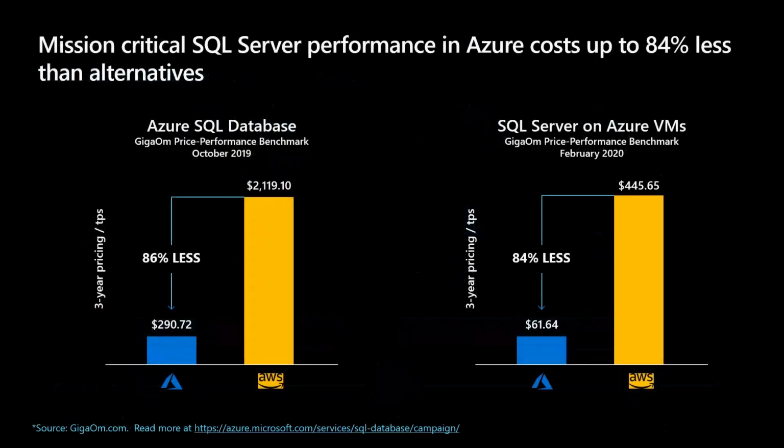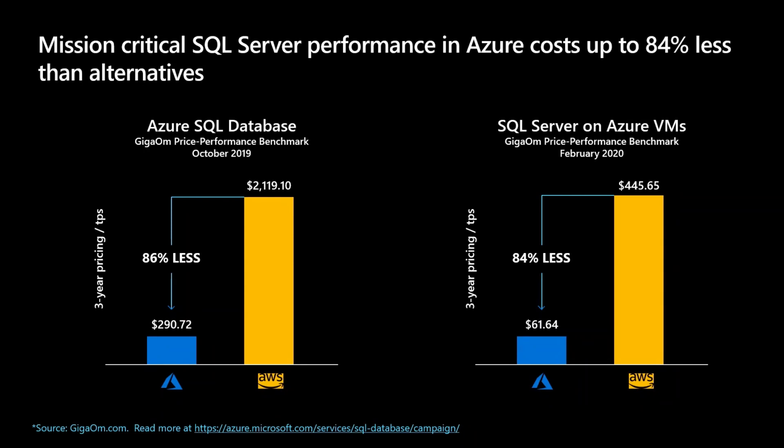Before we deep dive into various options, I want to quickly share this recent study done by GigaOM, which is an analyst firm, and the detailed study is available in the link below. As you can see on this chart, whether you pick the PaaS deployment option on the left or the IaaS option on the right, in both cases, you get significant price performance benefits on Azure only, where you can see up to 84 to 86% savings, whether you're getting started on Azure or even running production workloads.